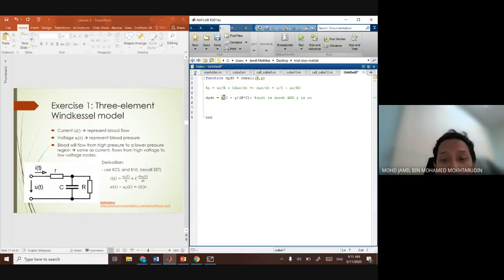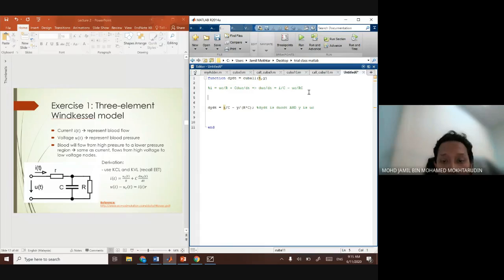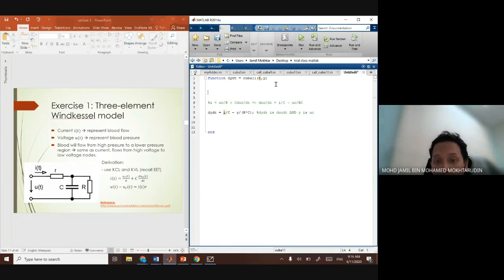And then here we don't have I. So I is given by the second equation here. So we need to rewrite it for I. For I, it's U minus UC equals IR.